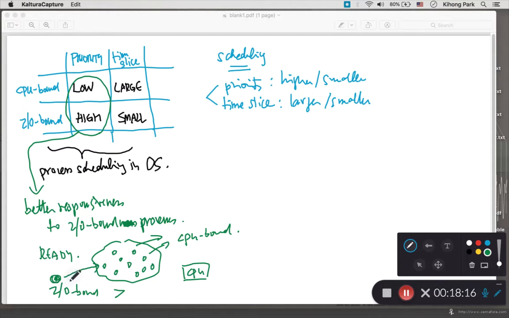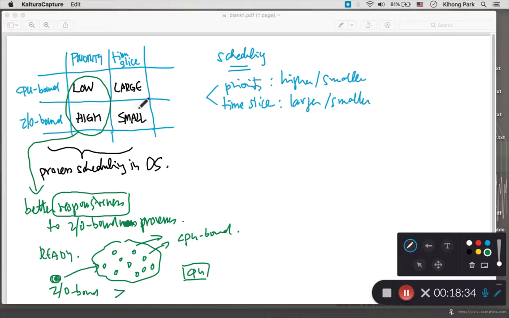So when it's ready, it's likely that this guy will almost immediately get the attention of the CPU, thus giving it improved responsiveness, which is what we want this guy to have.